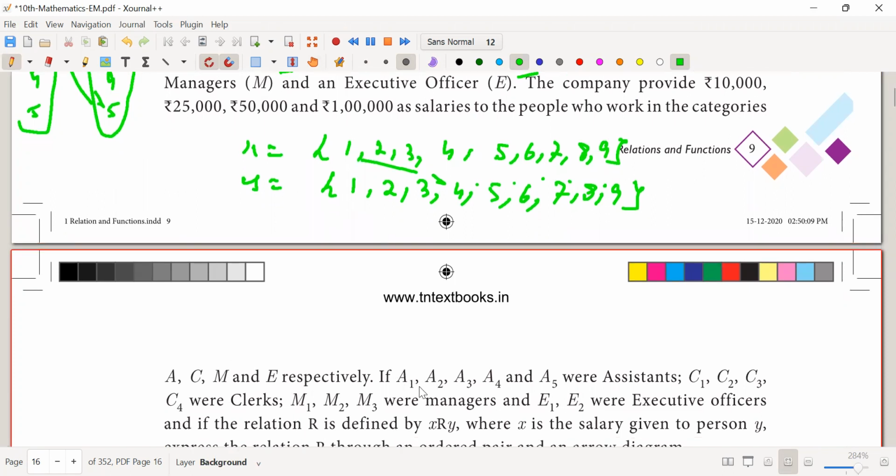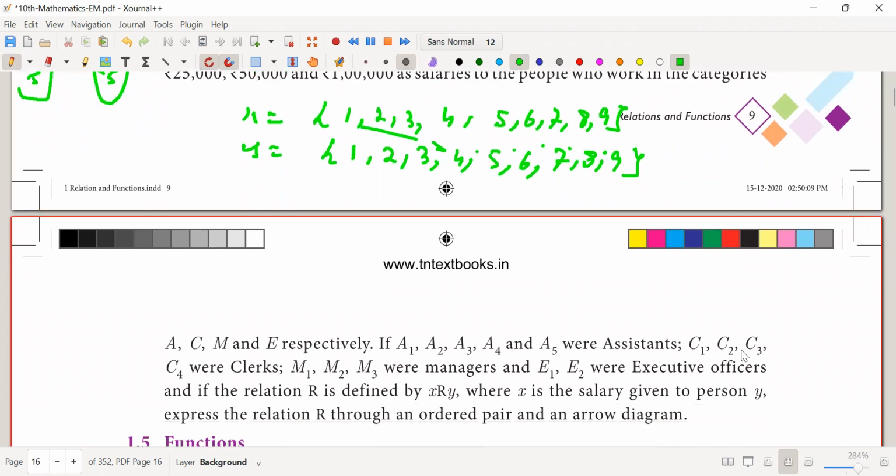If A1, A2, A3, A4, A5 are assistants, C1, C2, C3, C4 are clerks, M1, M2, M3 are managers, E1, E2 are executives, and the relation R is defined by X related to Y, where X is the salary given to the person, Y is the expression through the ordered pair.